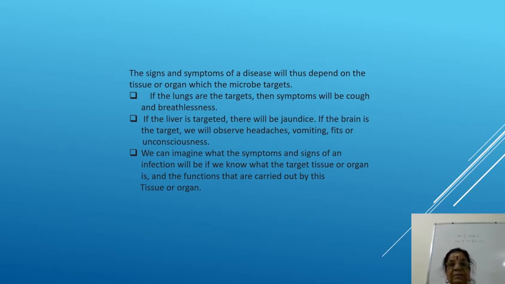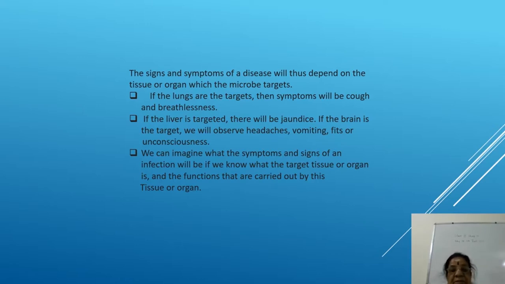If the liver is affected, jaundice. If the brain is the target, we will observe headache, vomiting, fits and unconsciousness.